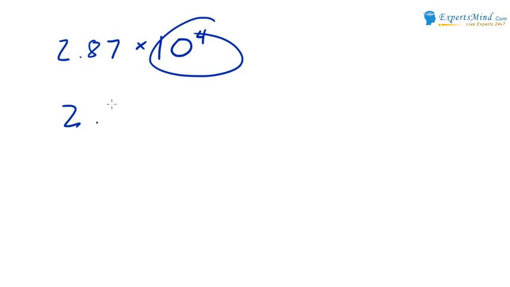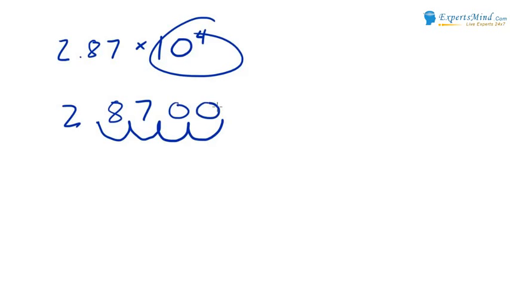So 2.87 times 10 to the fourth, of course, equals 1, 2, 3, 4. And whenever we don't have anything, we just throw in zeros and check it out. This is 28,700. Pretty cool, huh? So it saves you a step.